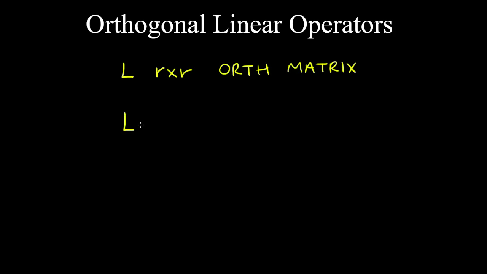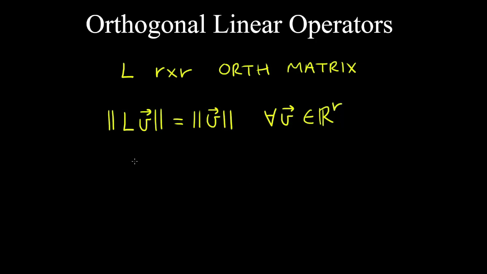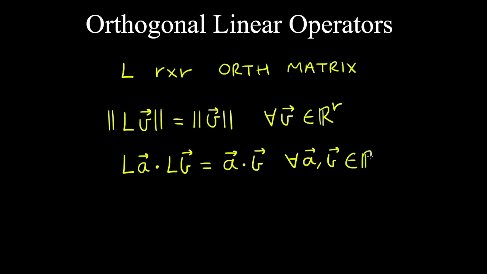So here we have the linear operator on a vector V, and the norm of this product is equal to the norm of V, for all vectors V in the real inner product space of R tuples, and a dot product between L times A and L times B results in a dot product between the two vectors, for all vectors A and B in the real inner product space of R tuples.